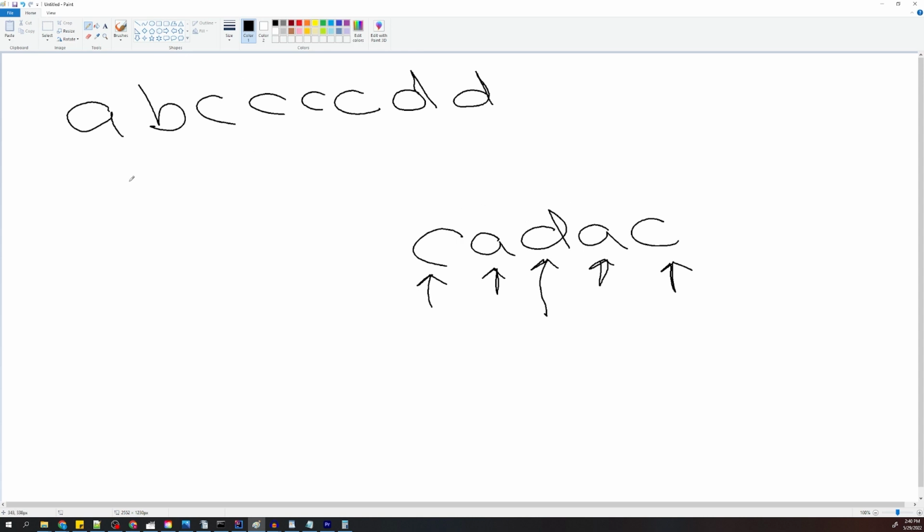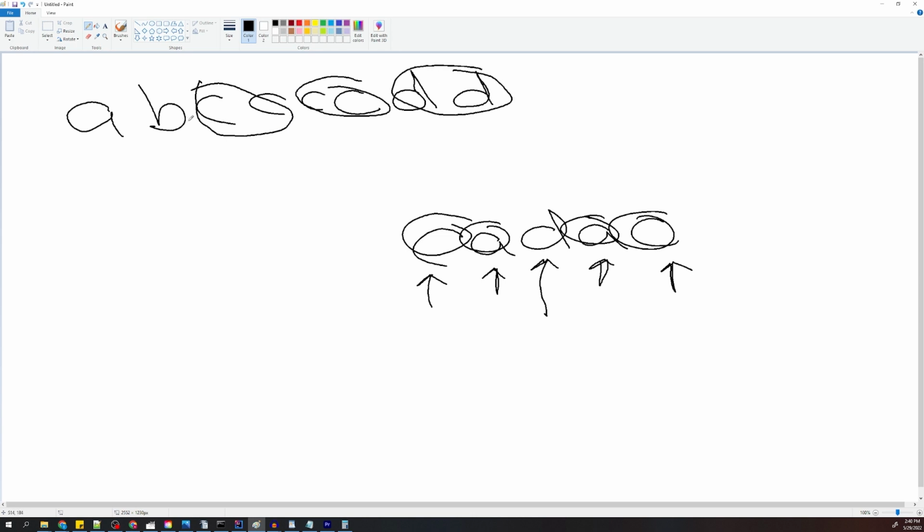Now here, we actually have two. So one thing that we could do to solve this problem is figure out how many pairs we have. All right, so here we have a pair, here we have a pair, and here we have a pair. And then over here we have two characters that are not pairs.